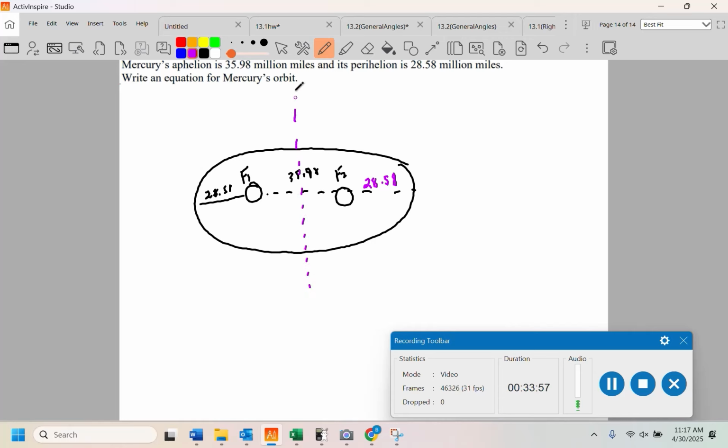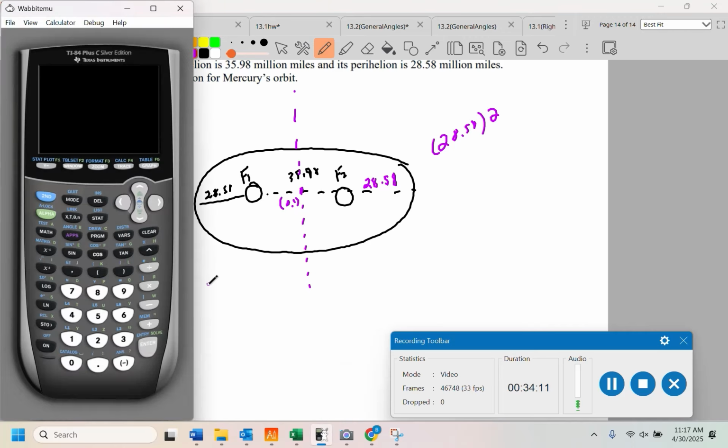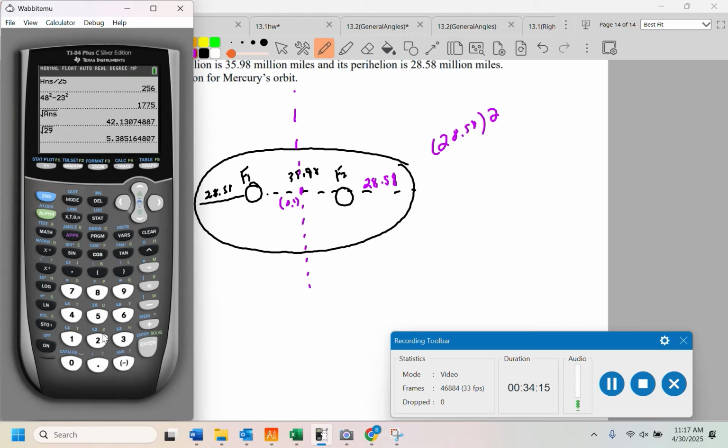I'm just going to make this thing centered at 0, 0, okay? Now, if I take my two 28.58s together, I just double them. I'm pretty sure it's 57.16, but, you know, whatever. I'm not having a math day. It's been a hard week. I get 57.16.